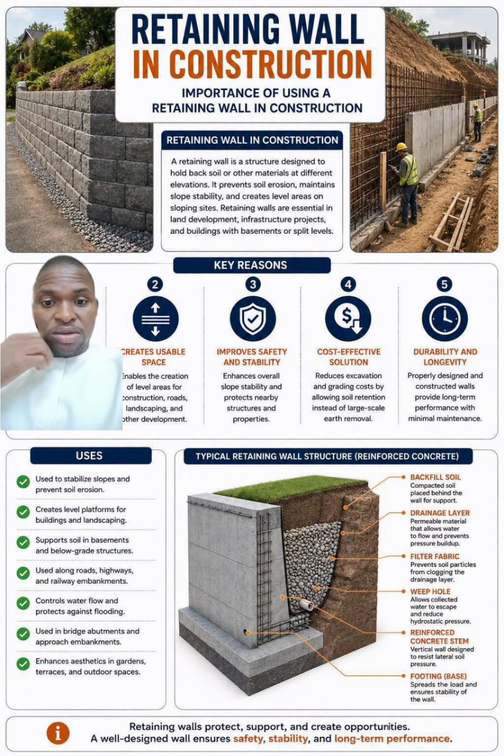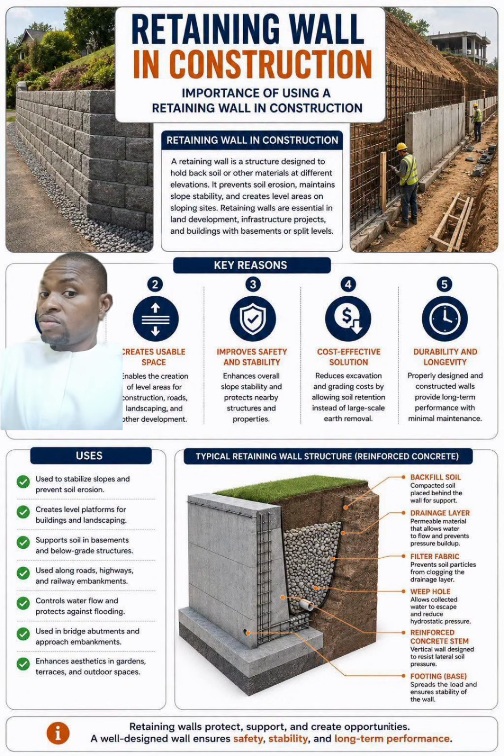So we'll take a look at a typical retaining wall structure. The first thing we have is backfill soil, which is compacted soil placed behind the wall for support. So after construction of a retaining wall, you do a little bit of backfill. You compact, you backfill, you compact, right? So that it helps to give support to the retaining wall.